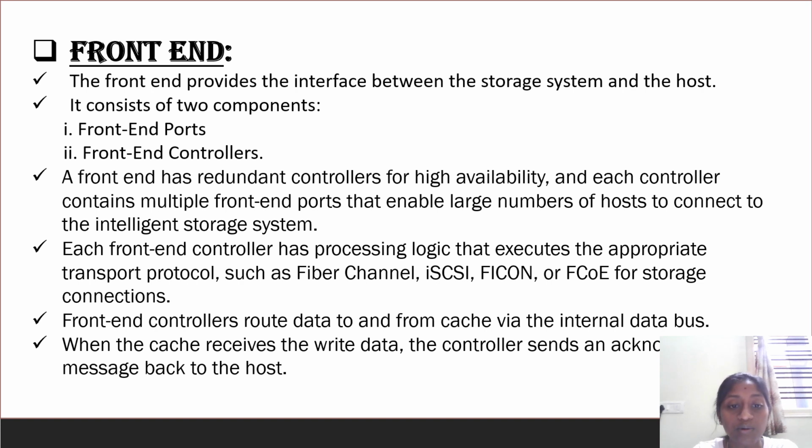Each front-end controller has processing logic that executes the appropriate transport protocol such as Fibre Channel, iSCSI, FICON, or FCoE for storage connections. Front-end controllers route the data to and from cache via the internal data bus. When the cache receives the write data, the controller sends an acknowledgement message back to the host.